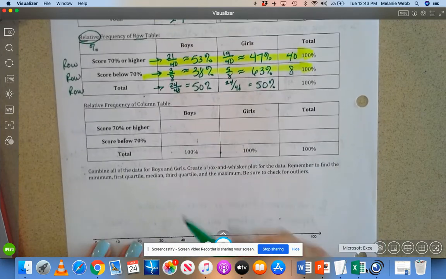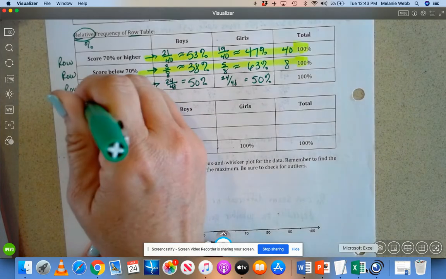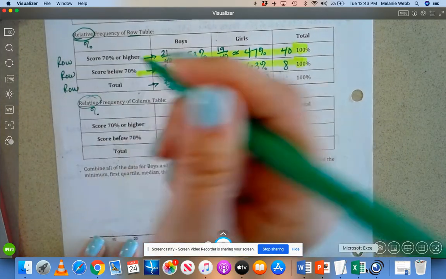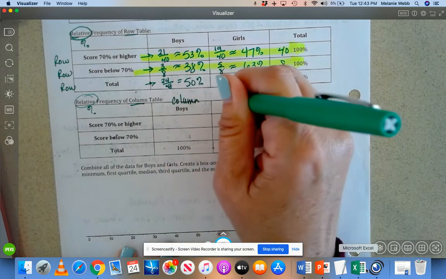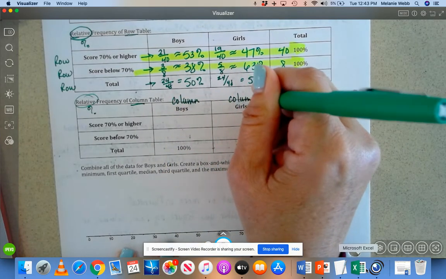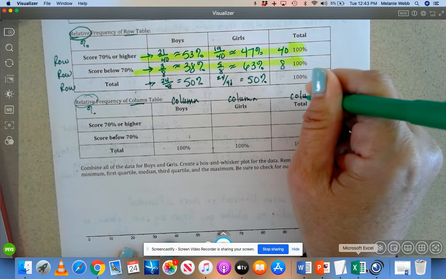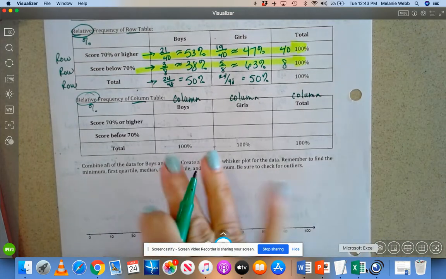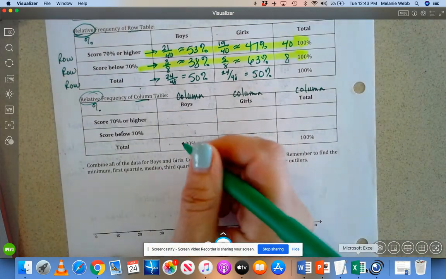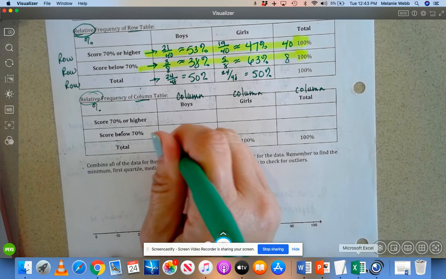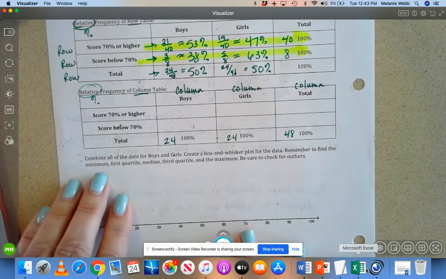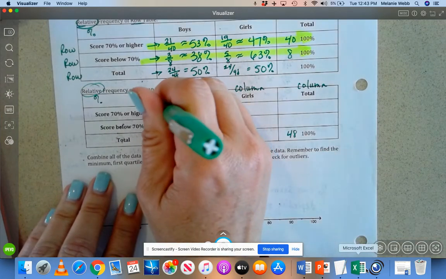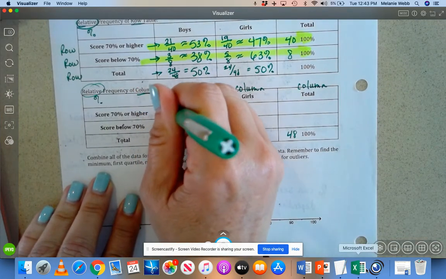Okay, down here, we're going to do a relative frequency table. That means we need percents of column. So here's a column, right? Just like matrices, right? Row, column. Rows are horizontal, columns are vertical. So now I'm going to fill in these numbers down here because these are my totals that I'm going to do my fractions out of. So now I have 21 out of 24 by column, right?